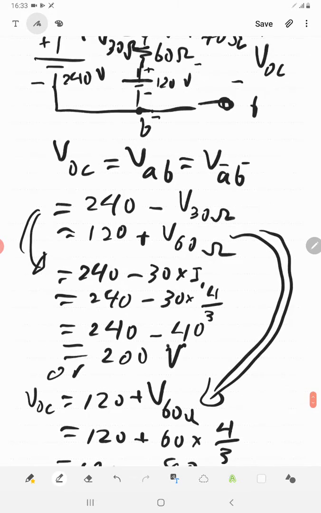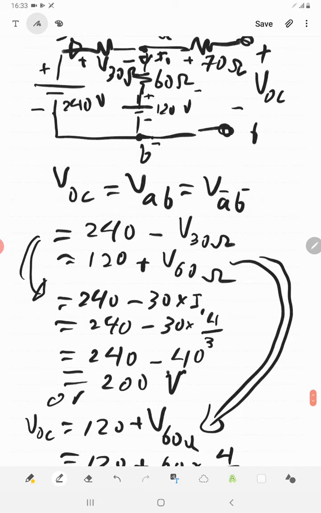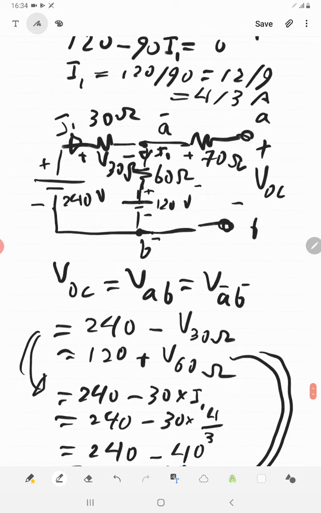So either you take this equation or this equation, it will give you the same open circuit voltage, whether you take the 30 ohms and the 240, or the 60 and 120.